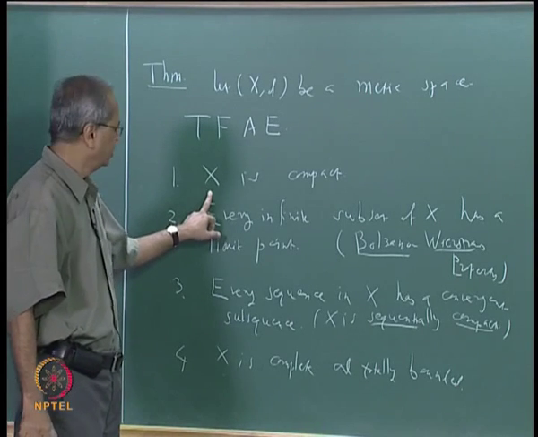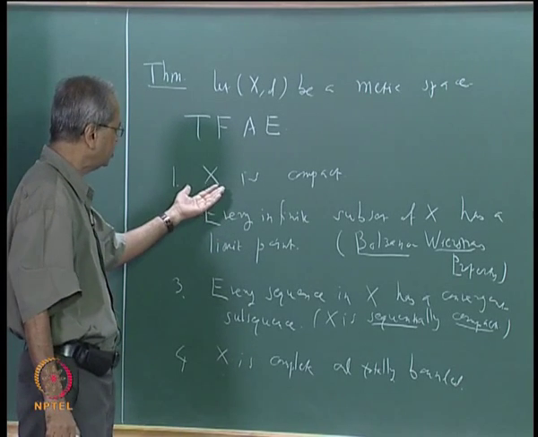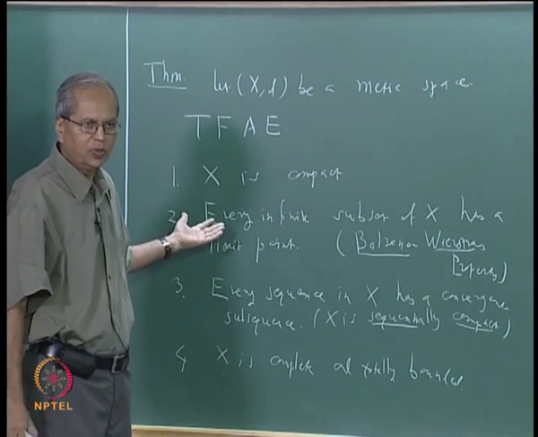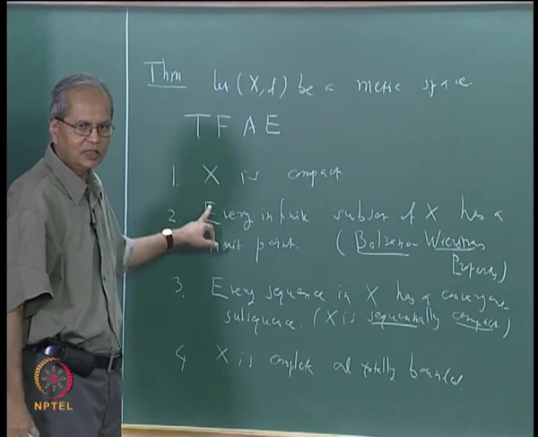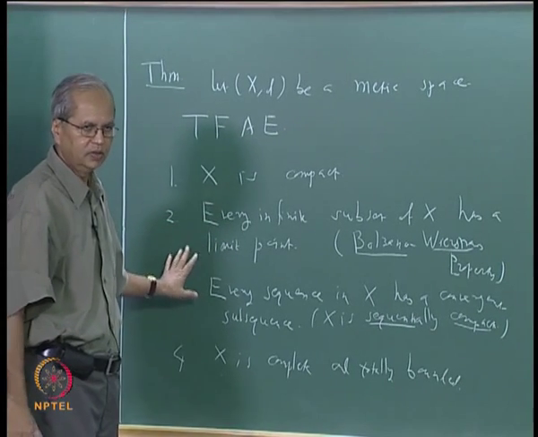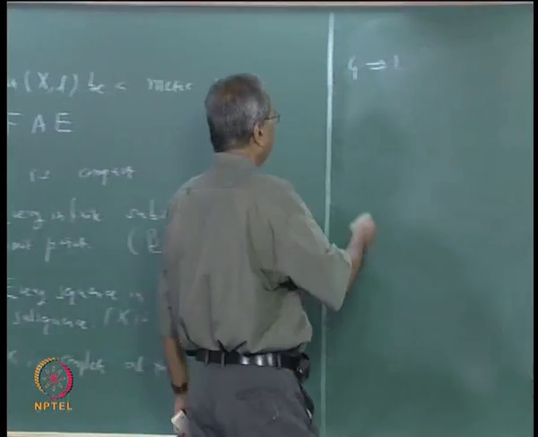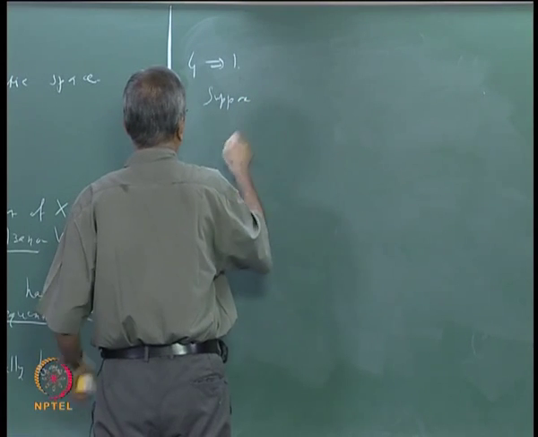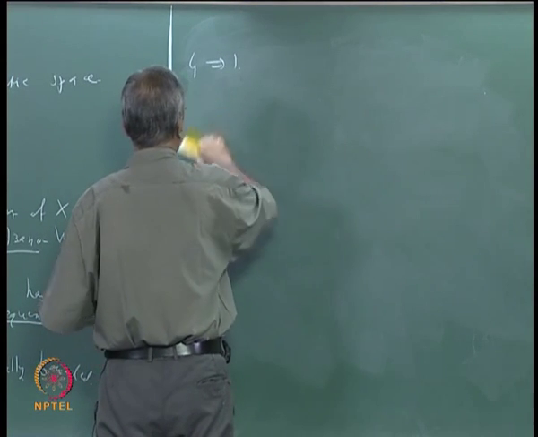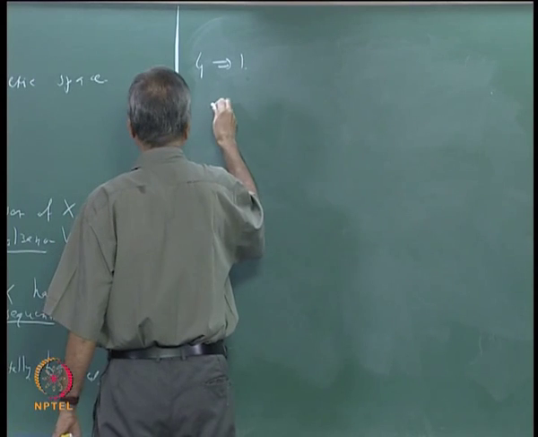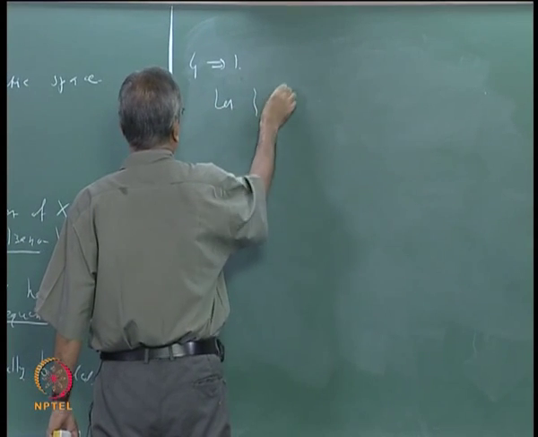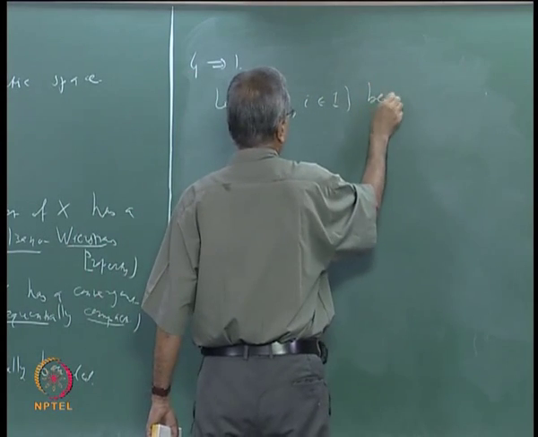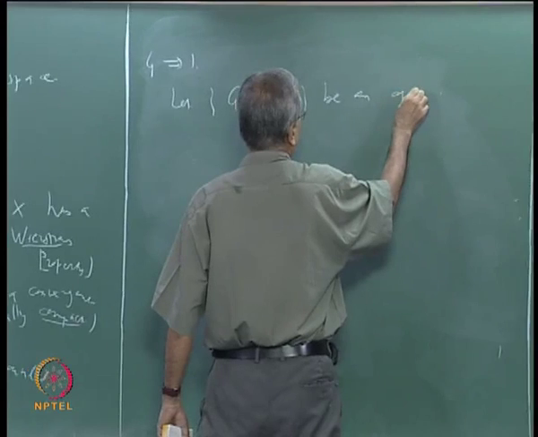Now to show that x is compact, let us proceed in the usual way. How does one start showing that something is compact? Take any open cover of x and show that it has a finite subcover. So let G_i, i belonging to I, be an open cover of x.